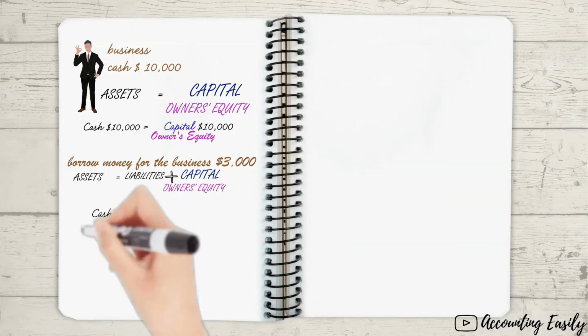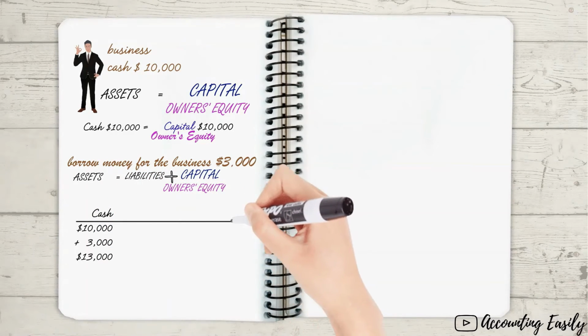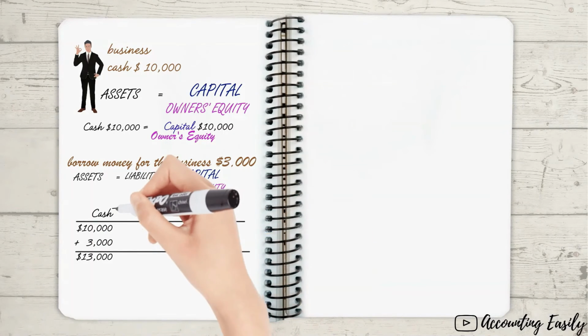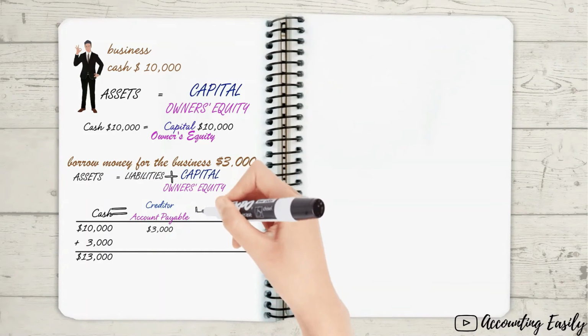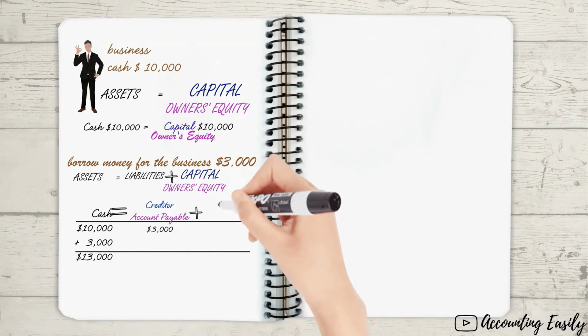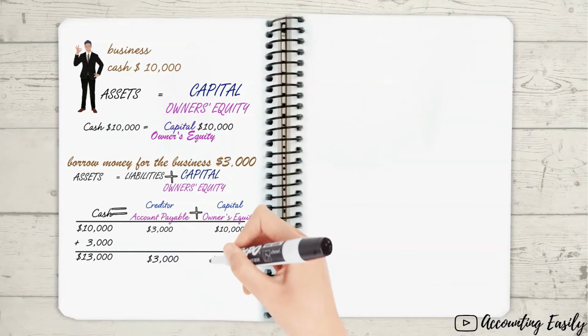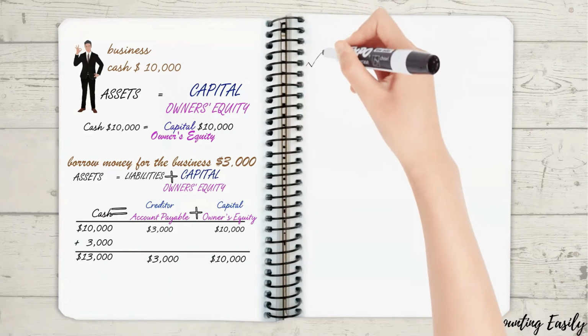We need to put it as a liability in the equation, which is adjusted so that assets, cash, $13,000 equals liabilities borrowed, $3,000, plus the previous owner's equity, $10,000.